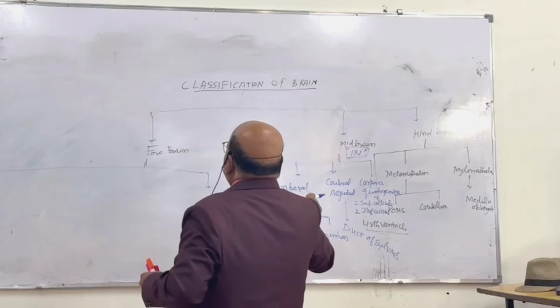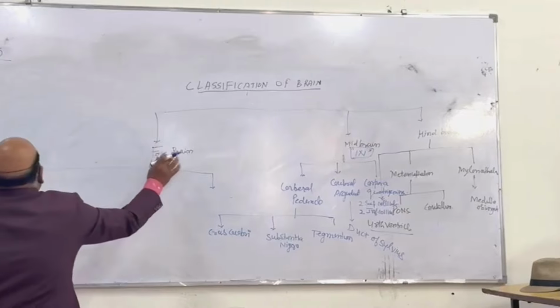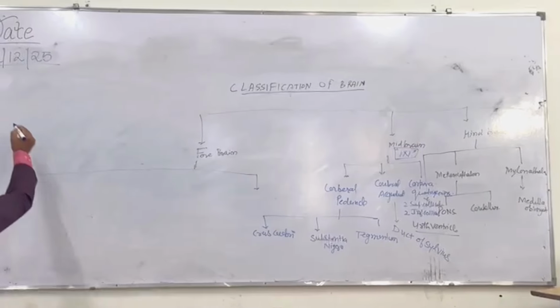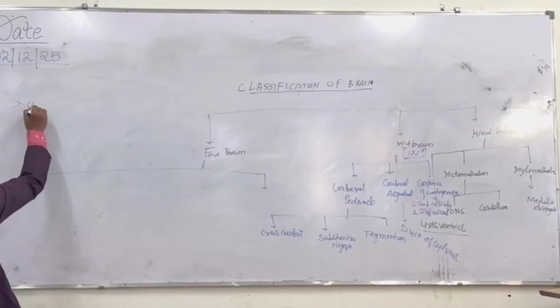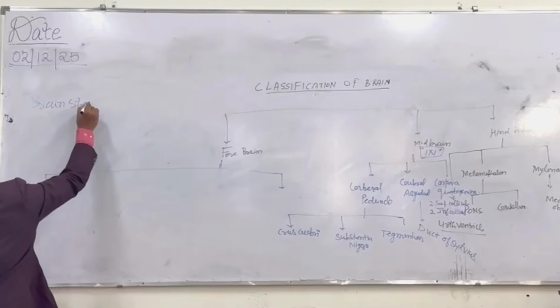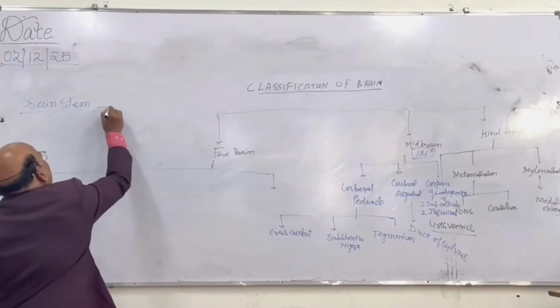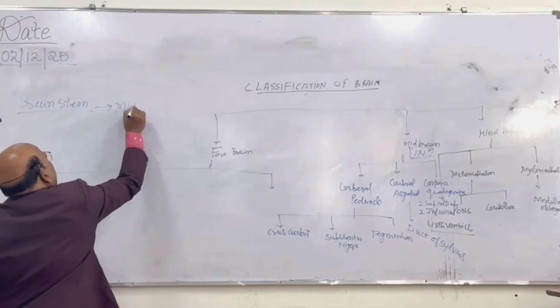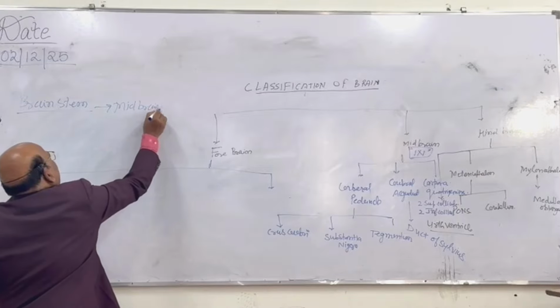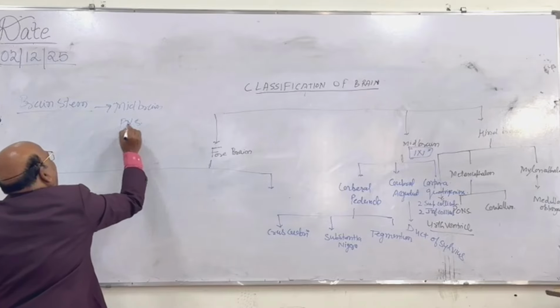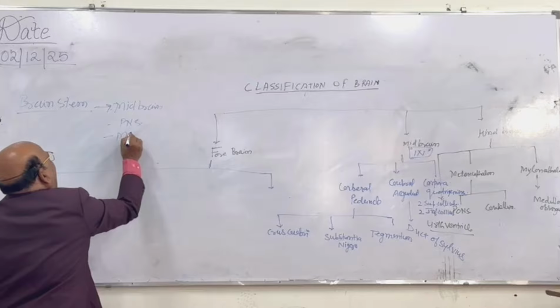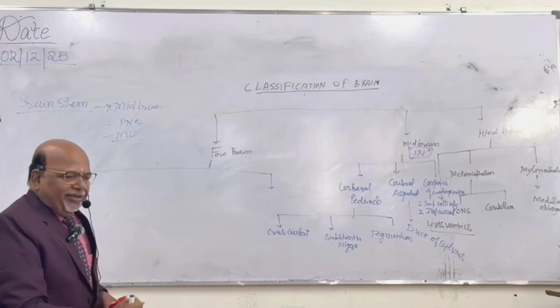ये जो कनेक्टिंग स्टॉक है, ब्रेन स्टेम, एक शब्द मैंने बताया था, ब्रेन स्टेम होता है। ब्रेन स्टेम में क्या क्या आता है? मिड ब्रेन, पॉन्स और मेडुला ऑब्लंगेटा, ये ब्रेन स्टेम बनाते हैं.